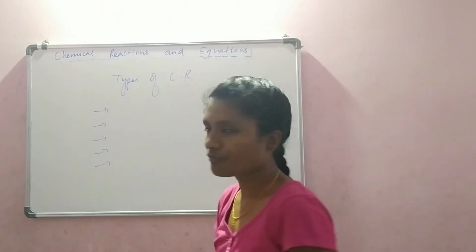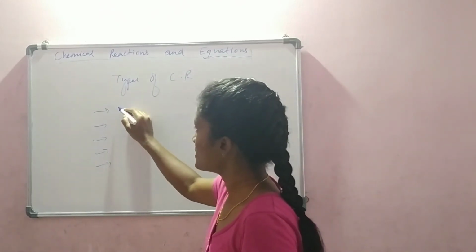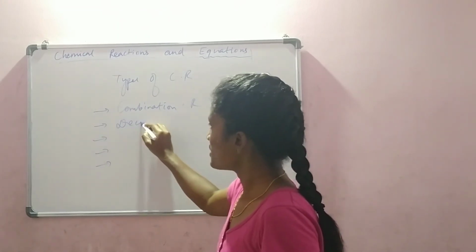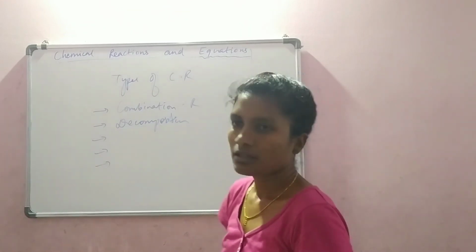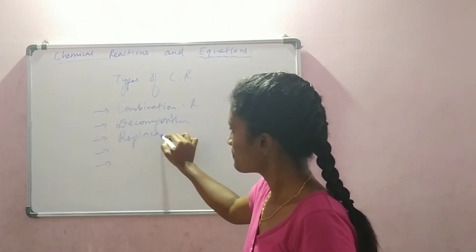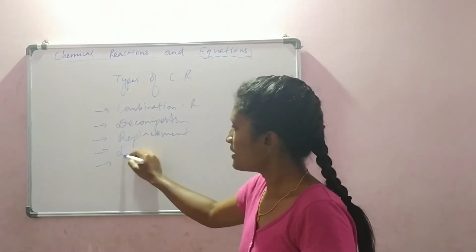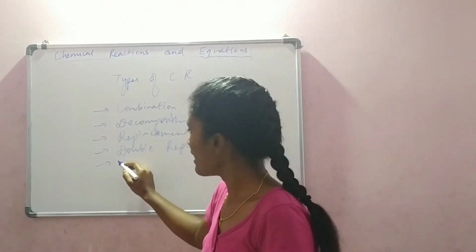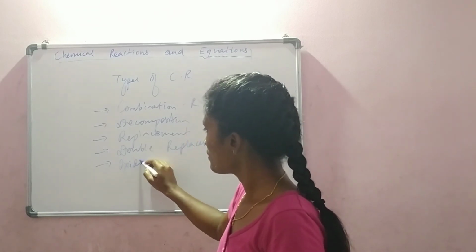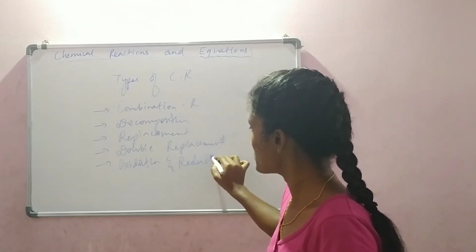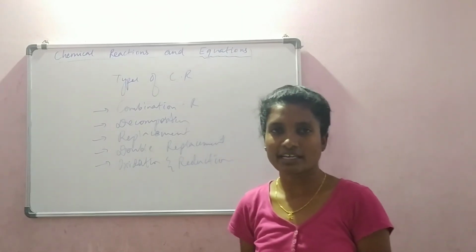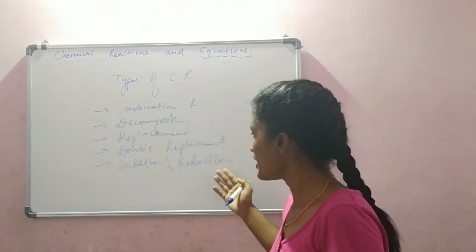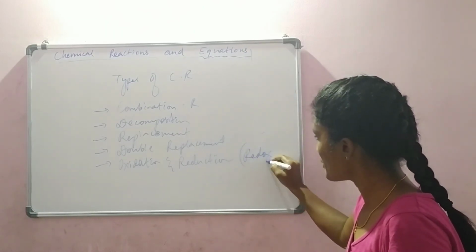Mainly we'll discuss 5 types: combination reaction, decomposition reaction, replacement reaction, double replacement reaction, and finally the oxidation and reduction reactions, together called redox reactions.